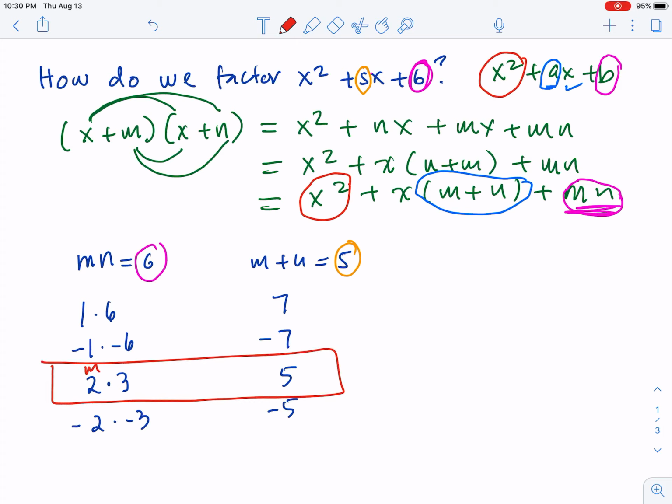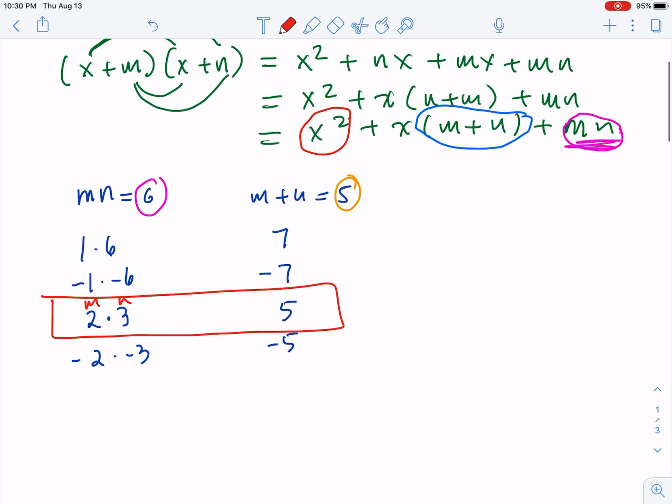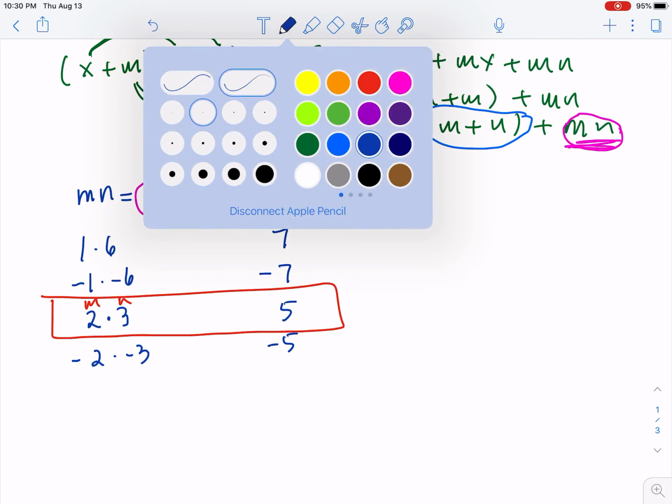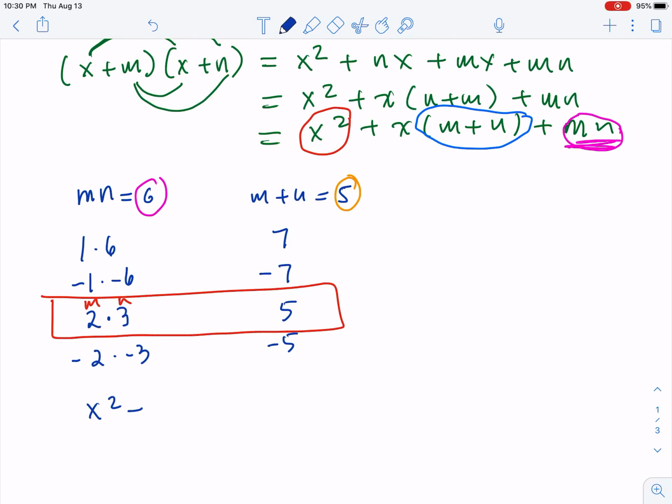Meaning, ito yung m natin, yung 2, tsaka yung n natin is 3. Which means that x squared plus 5x plus 6 is equal to x plus m times x plus n, di ba? So, ano yung m natin? Ang m natin ay 2, tsaka yung n natin ay 3.